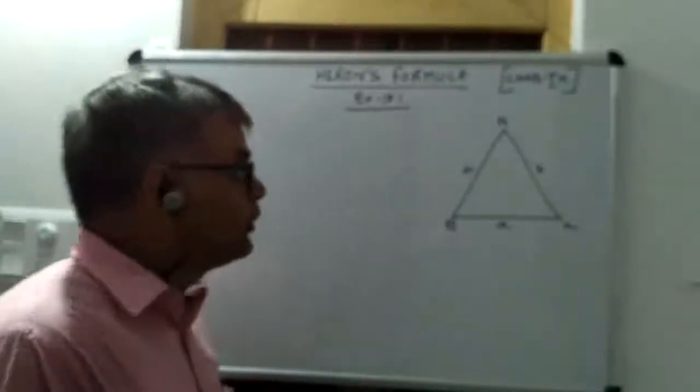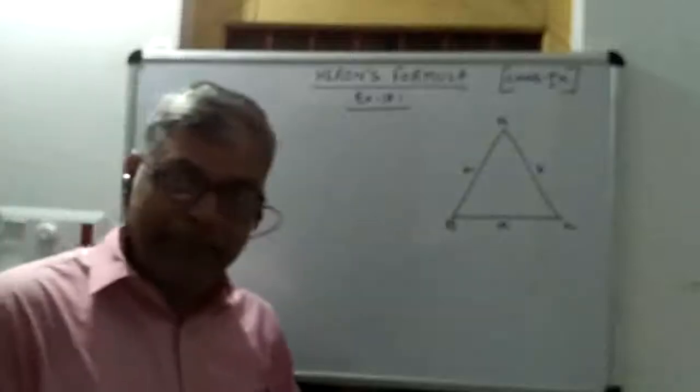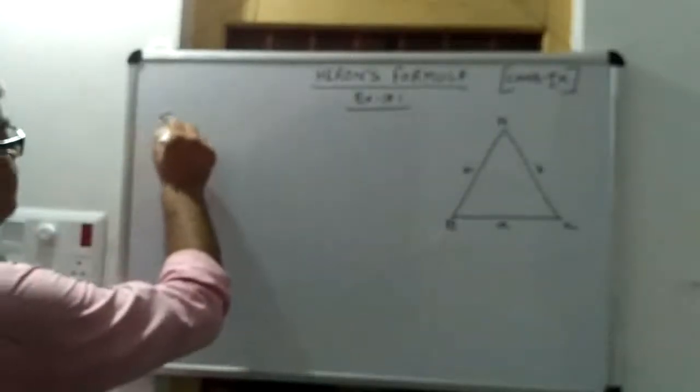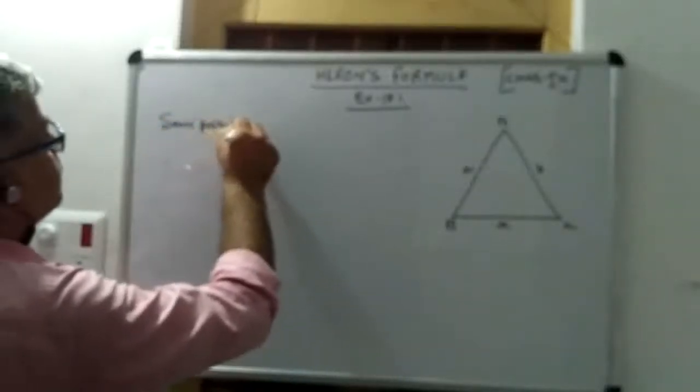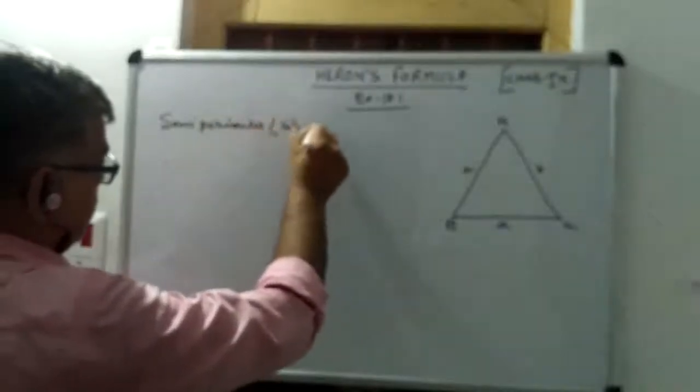So what does Heron's formula say? First you calculate its semi-perimeter. What is semi-perimeter? Semi-perimeter is denoted by s.